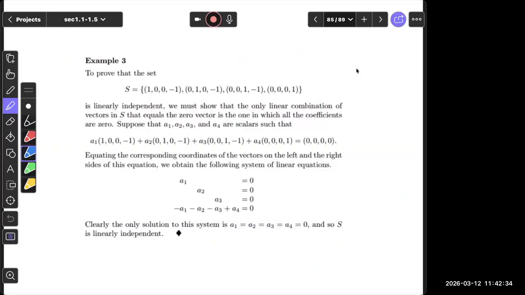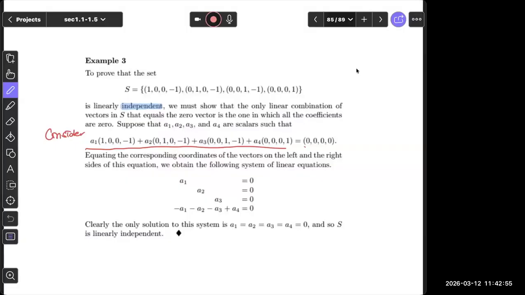Okay, and example 3, to prove. In order to prove that this set is linearly independent, you need to consider this equation: the linear combination of the given vectors is set equal to zero.